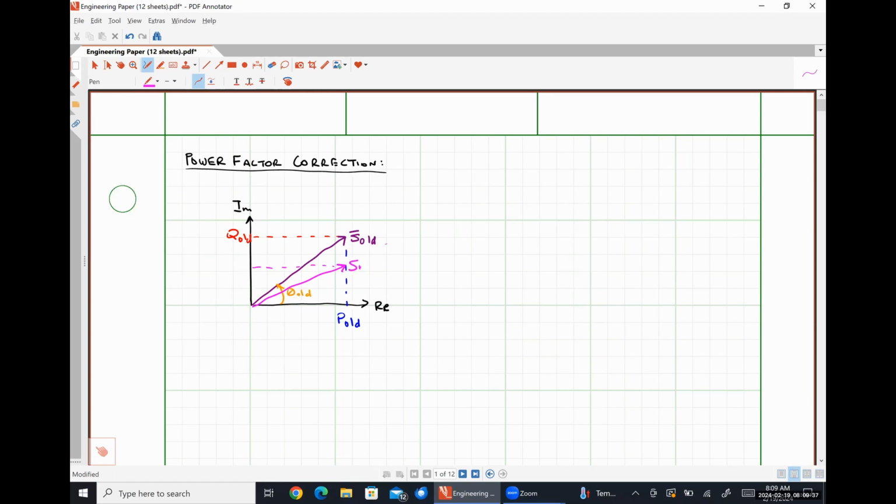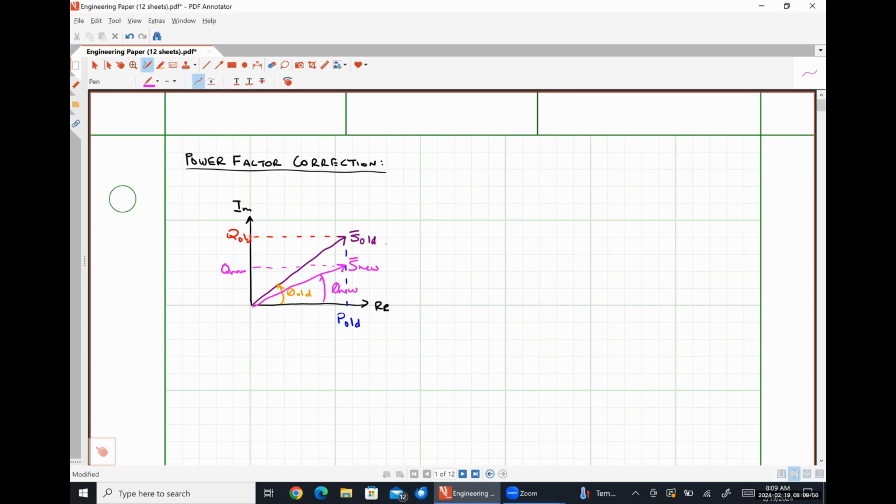So this would be S new. This would be Q new. And this angle would be theta new.